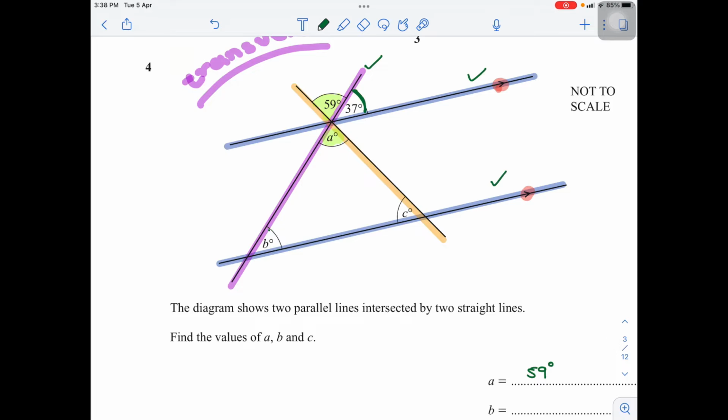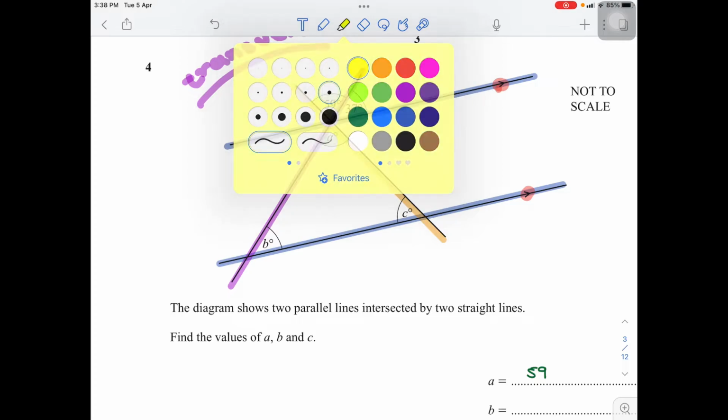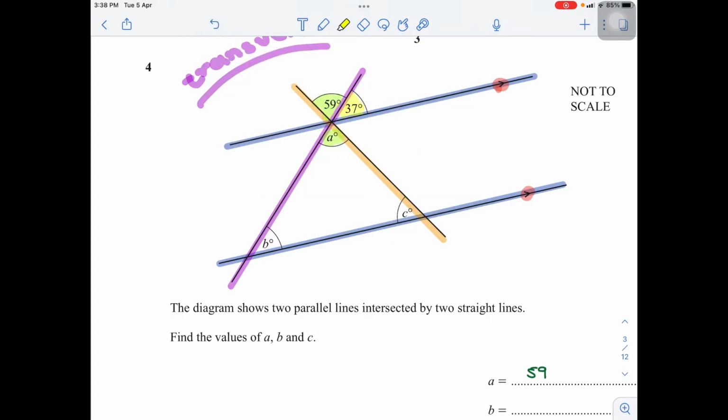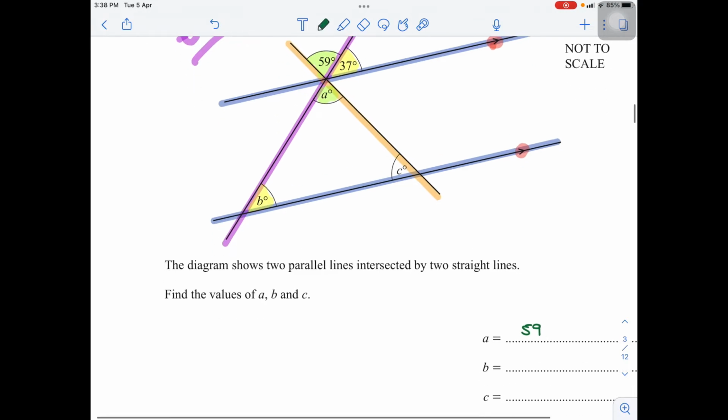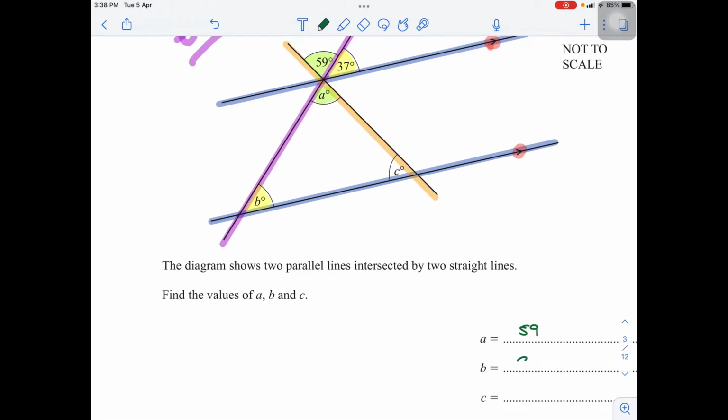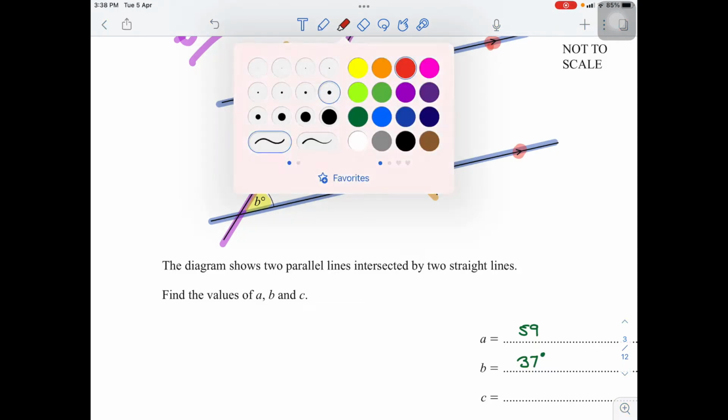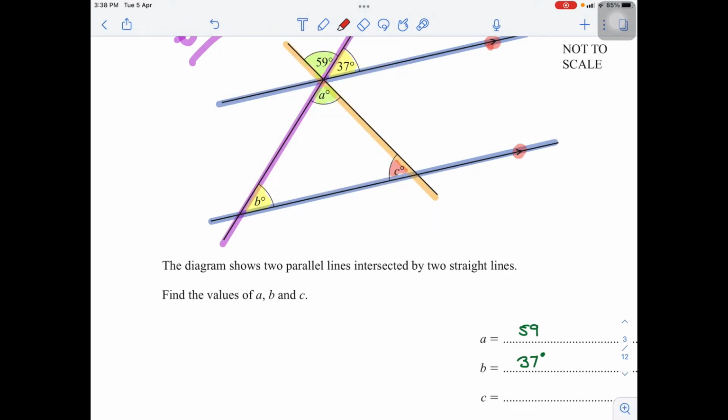These are corresponding angles. So I can take another color, and this is same as that. These are corresponding angles. So B is 37.